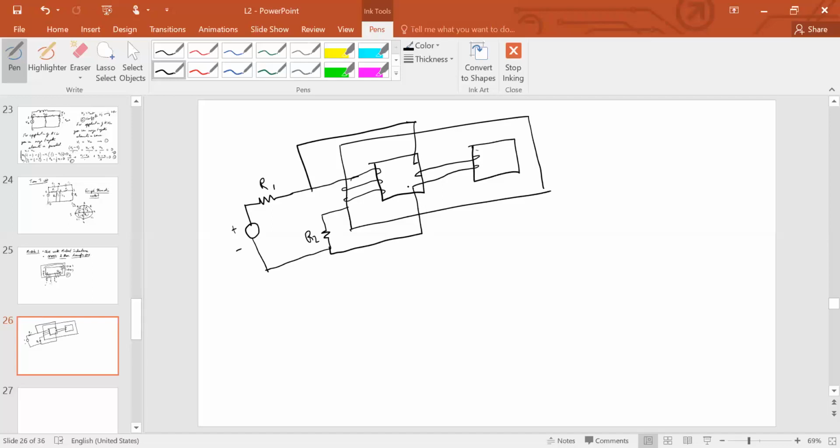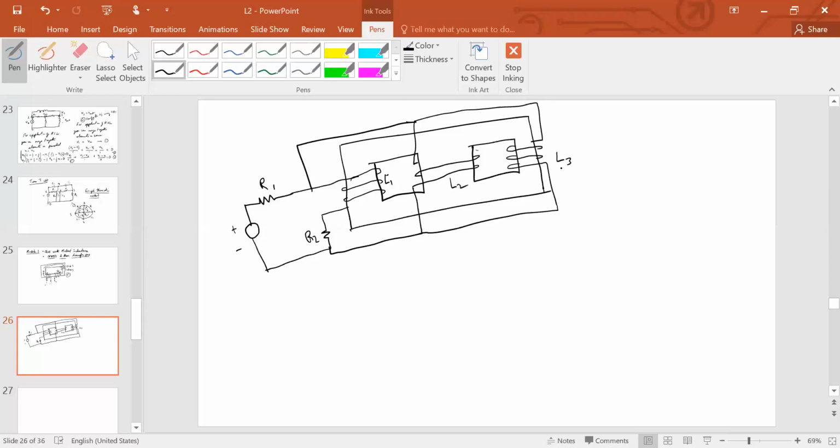And then there's a third coil which goes and attaches to the third limb. So there are 3 coils here. This one has an inductance L1, this has an inductance L2, and this has an inductance L3.